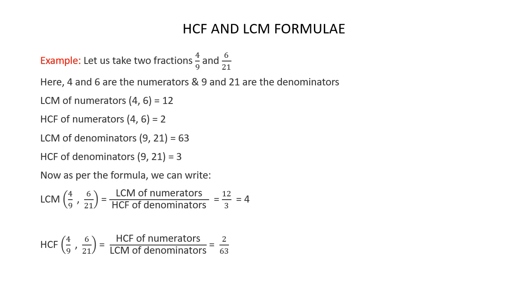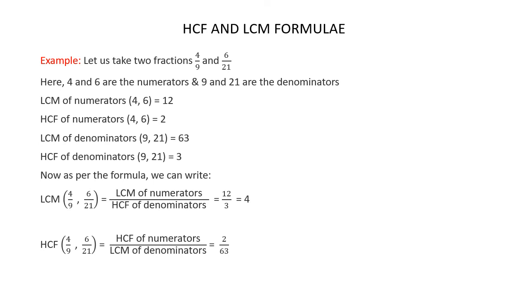Now, as per the formula, we can find the LCM of the two fractions 4 by 9 and 6 by 21 if we know the LCM of the numerators and HCF of the denominators. So here LCM of numerators is 12 and HCF of the denominators is 3. So LCM of the given two fractions is equal to LCM of the numerators divided by HCF of the denominators, which is nothing but 12 divided by 3, which is 4.